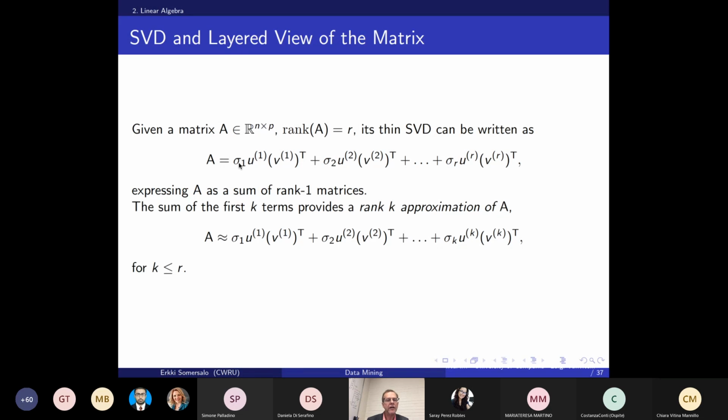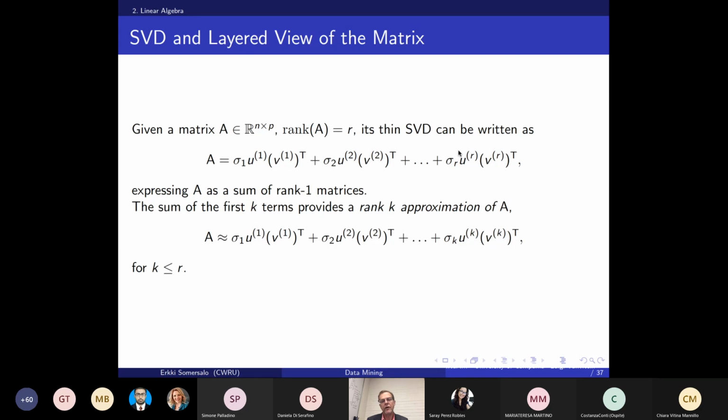And so you see that these sigmas are decreasing. Sigma_1 is the largest, sigma_2 is the second largest, etc. Sigma_r is the last one, which is non-zero. Now, suppose that this last singular value is really, really small. Then you know that the last term here is of less significance, right?